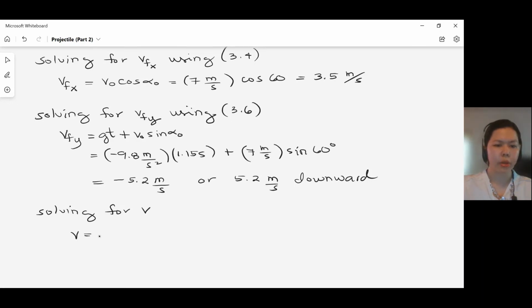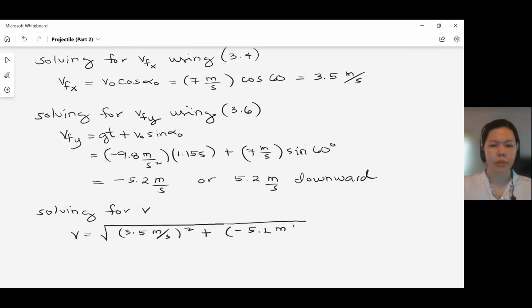V is the square root of Vfx squared, so that's 3.5 meters per second squared, plus Vfy squared, that's negative 5.2 meters per second squared. Vfx and Vfy.